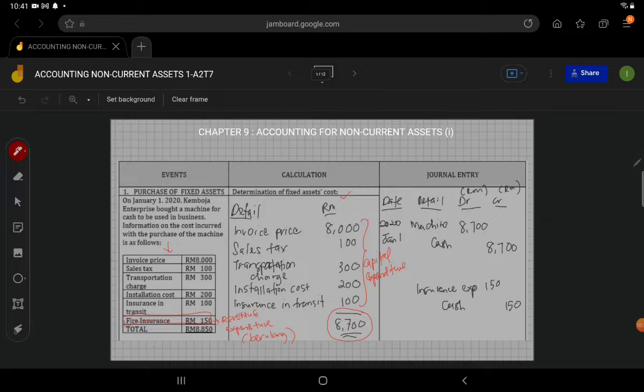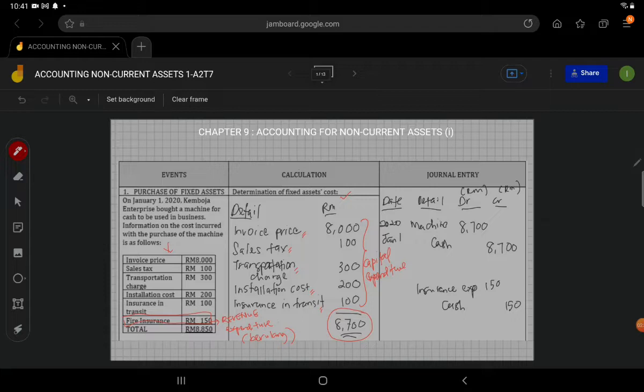Manakala capital expenditure, perbelanjaan yang terlibat di sini hanyalah sekali sahaja semasa pembelian aset tersebut, dan kos-kos ini adalah kos yang mesti dibayar oleh syarikat bagi memastikan aset yang dibeli tersebut dapat digunakan.